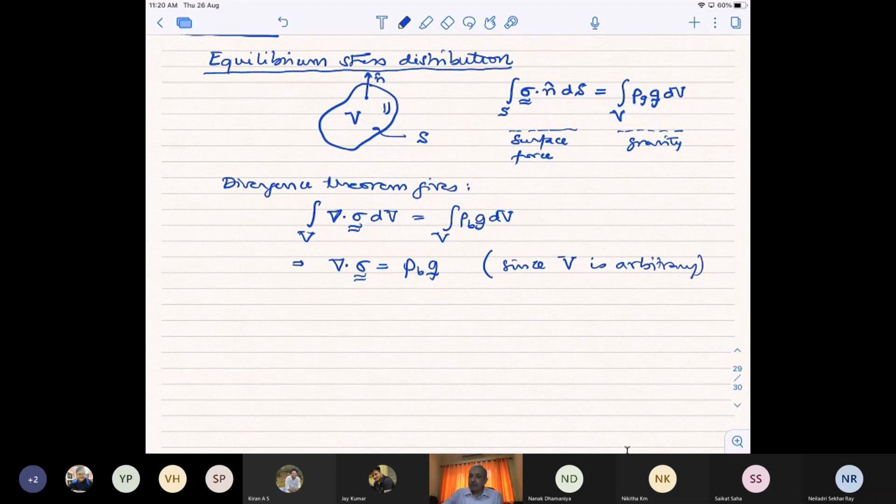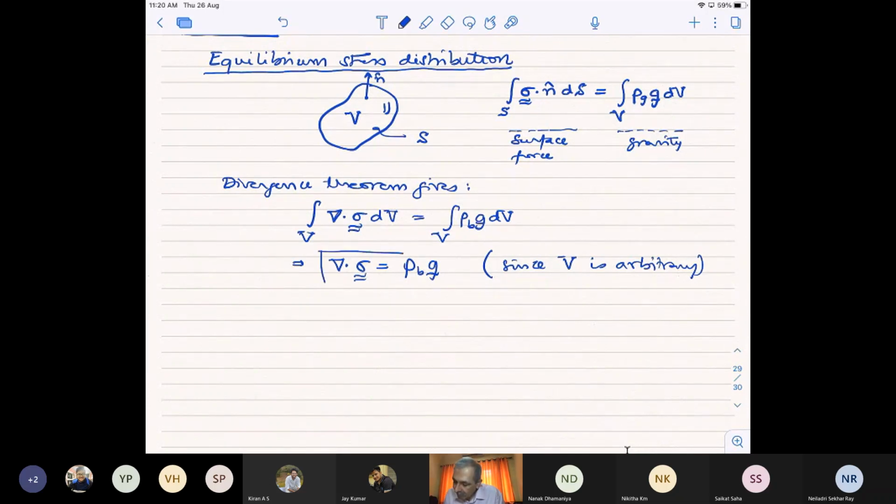Okay, since the volume is arbitrary, if this is not satisfied at some point, I can always pick a small volume around that point, and then this equation will be violated. So the only way that this is true for every volume V is if this equation is true at every point in the system.